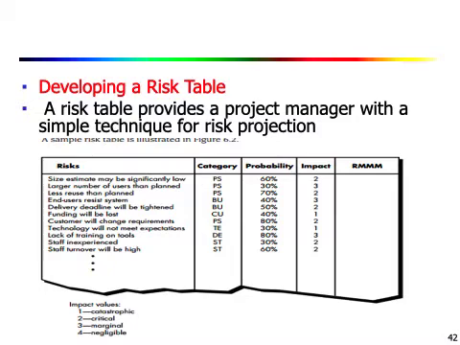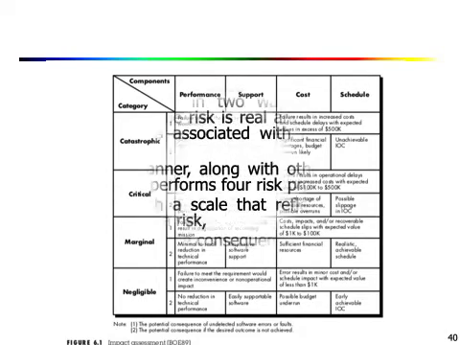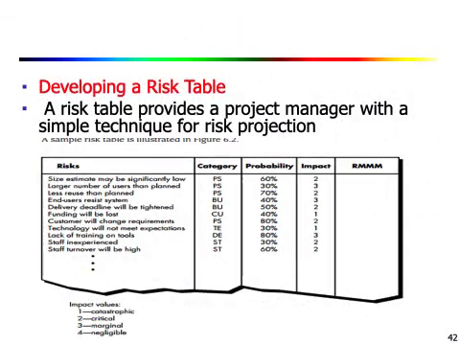Next, the impact of each risk is assessed, and each risk component is assessed using the characterization that we have presented in the previous figure, that is this figure. Using this figure, you are going to determine the impact of the risk.